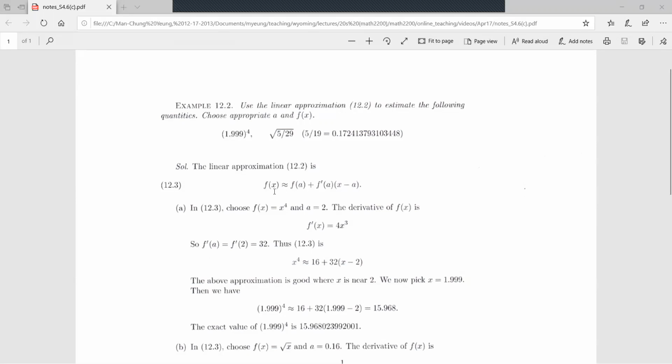I need to choose a number for x. I pick 1.999 for x here. Then what is a? a should be close to x and easy to evaluate at a. So I pick 2 for a.